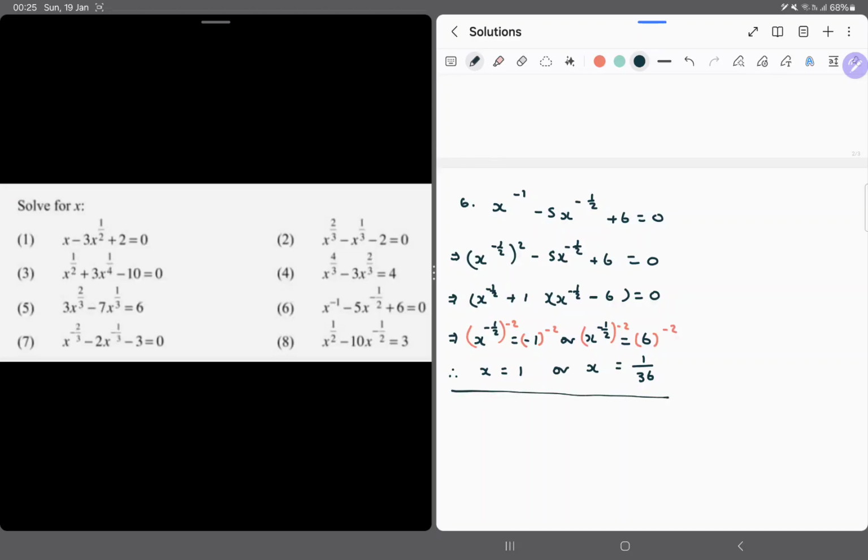Great. Are we good? We shall find out. Let's have a look at this one. Let's check it out. So we've got, sorry, not minus 1, but 1, to the exponent minus 1, minus 5 into 1 to the exponent minus a half, plus 6, we get 2. So this one is wrong.